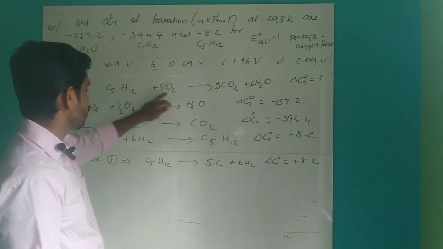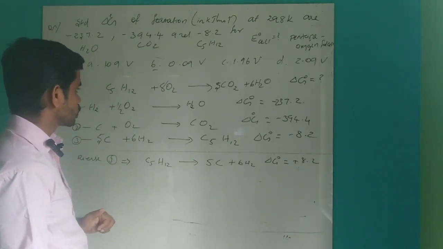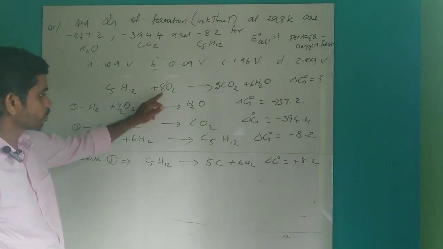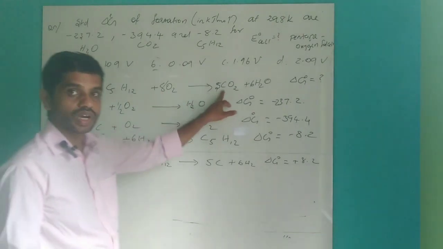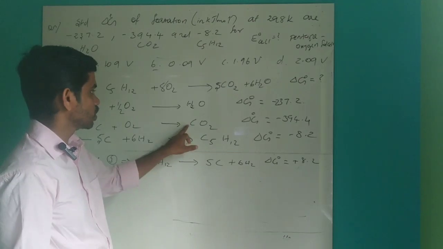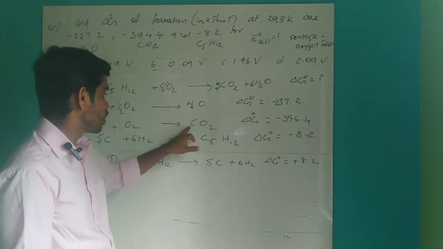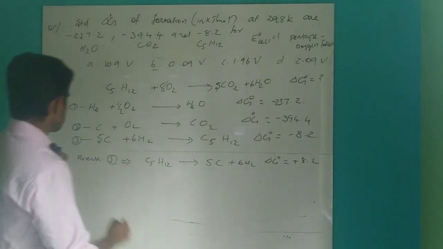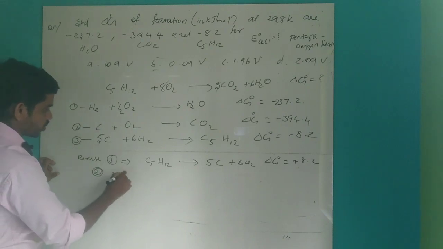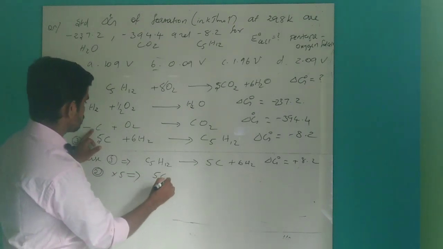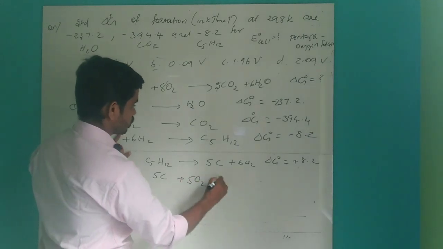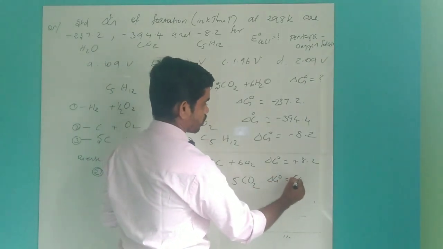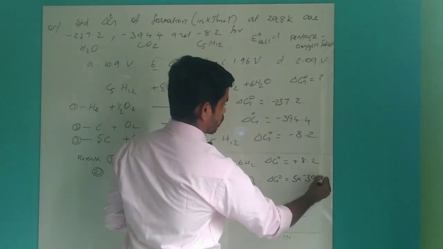Okay, that will happen. Now, then 8 oxygen we needed. Okay, 8 oxygen, to form 5 carbon dioxide and 6 water. So here anyway you have to multiply the second equation by 5. Equation 2 into 5 gives 5 carbon plus 5 oxygen gives 5 CO2. So here also delta G0 is equal to 5 into minus 394.4.